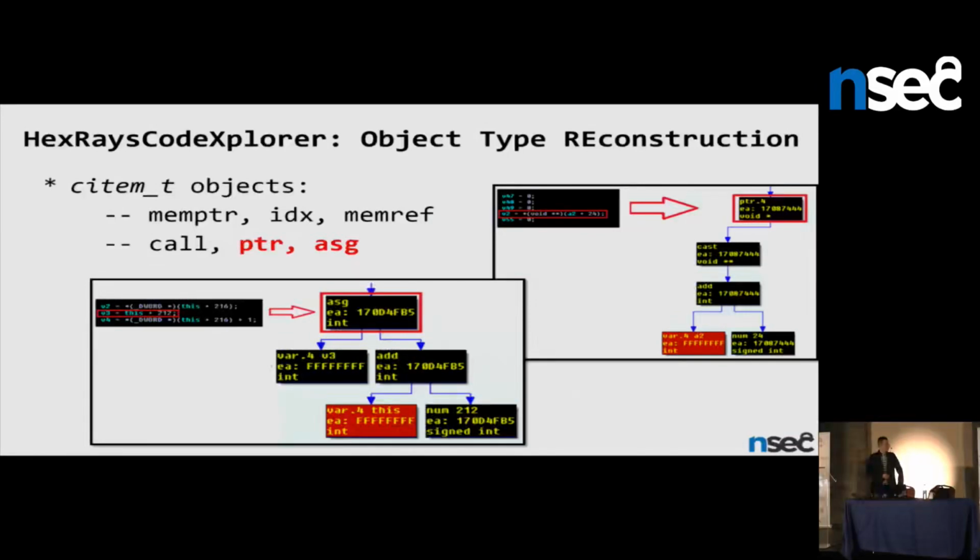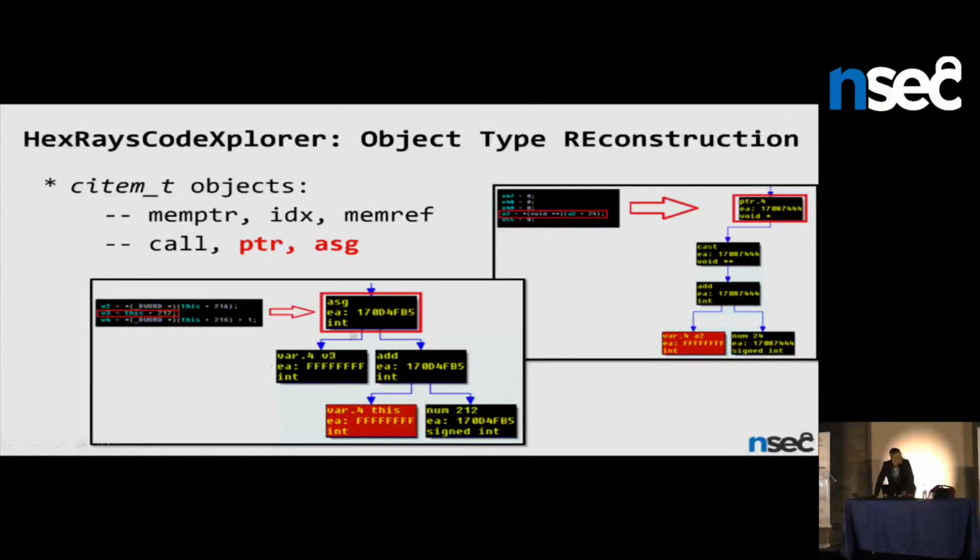Here is another example, this time using ptr and assignment. We can see that we have this code over there, which is this plus 212, and this is an assignment operator. And we can detect that there is some field at offset 212 from the beginning of the object, so we are creating some type.